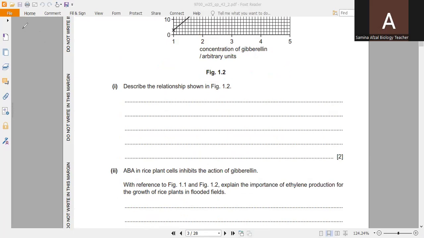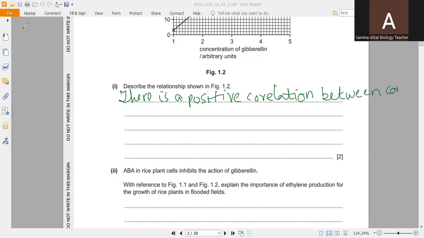I would like to start with: there is a positive correlation between concentration of gibberellin and the length of stem.